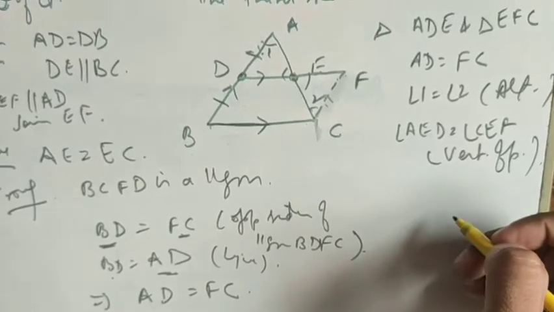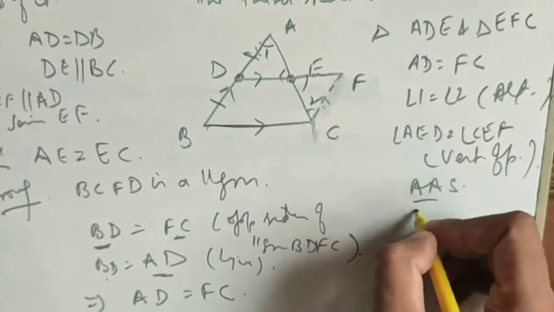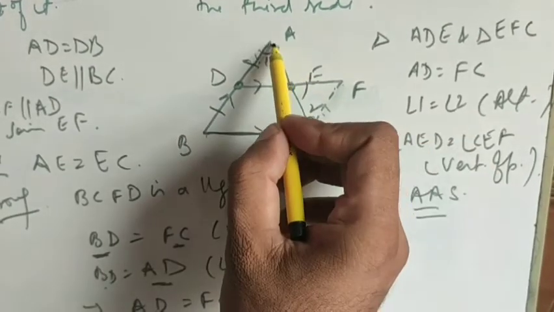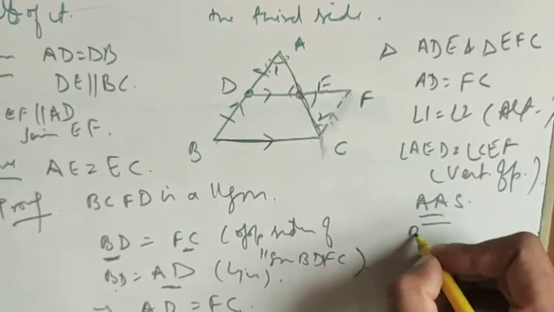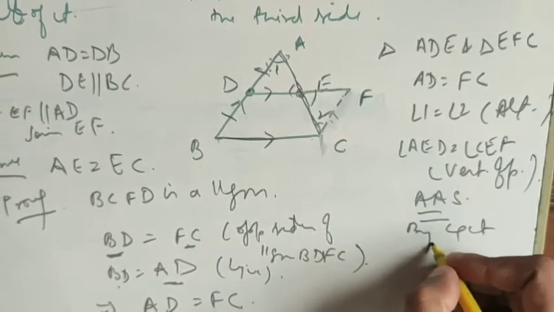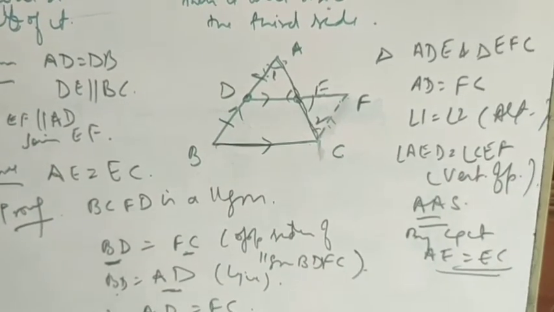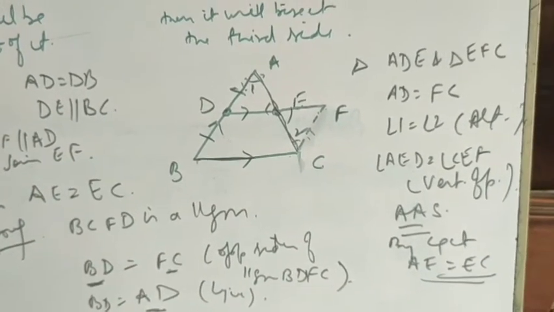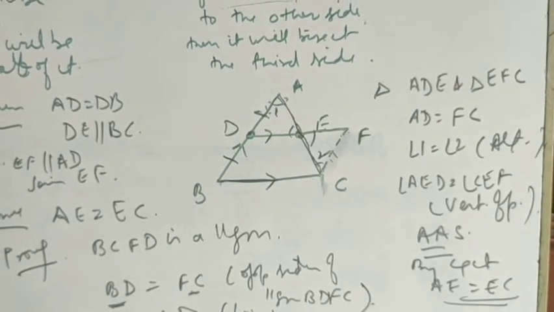So these two triangles are congruent by AAS, and by CPCT we will have AE equal to EC. So E is the midpoint of AC.